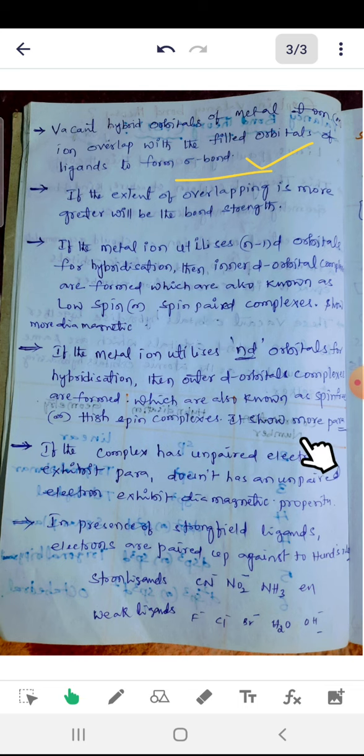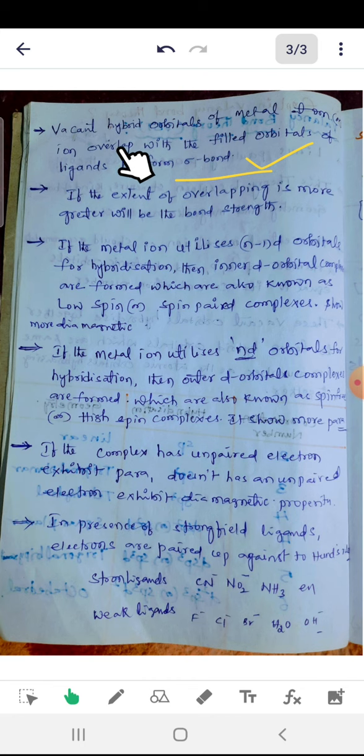Weak field ligand means paramagnetic, high spin complexes, not spin paired. Strong field means spin paired only. Weak field forms spin free or high spin complexes. These are the important postulates of VBT.